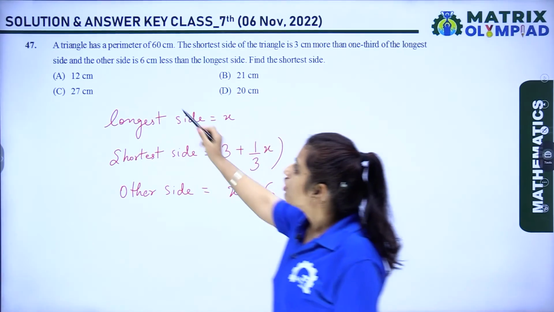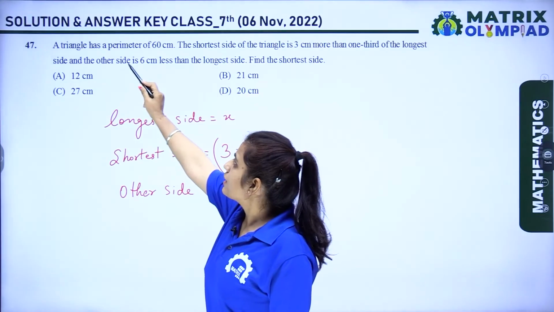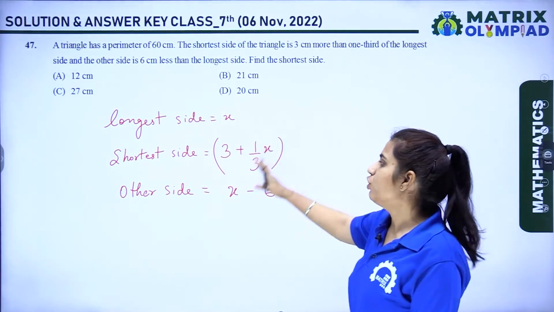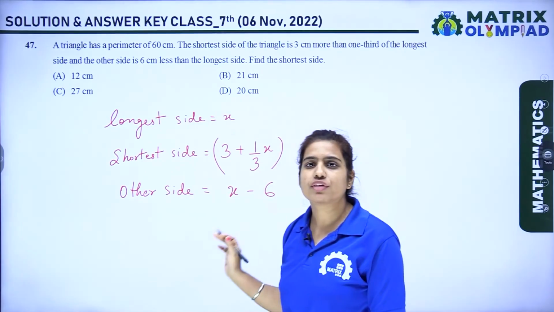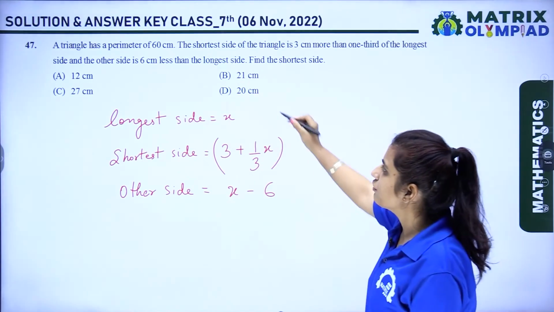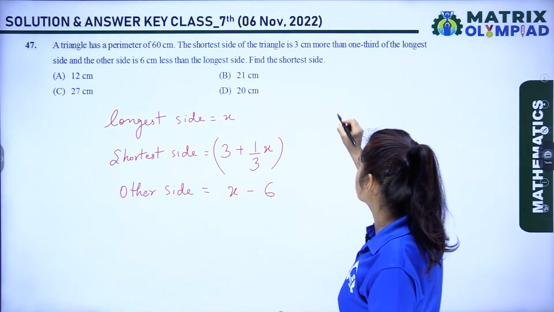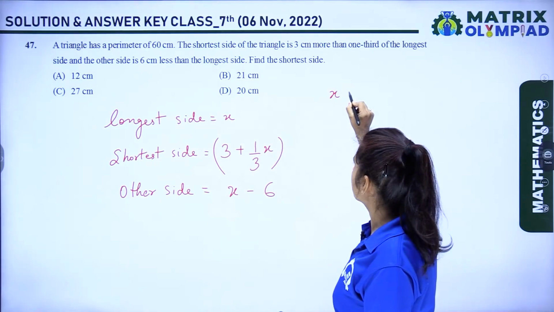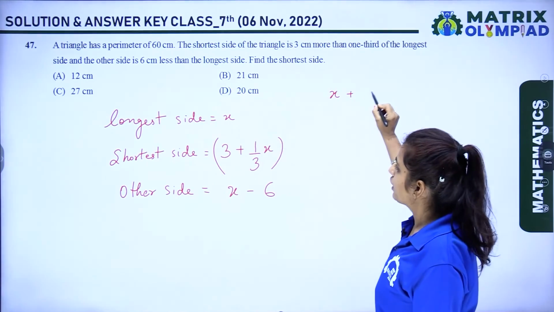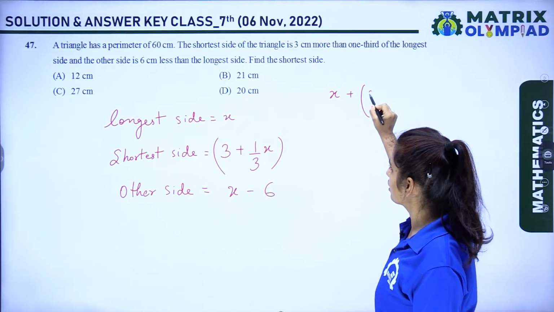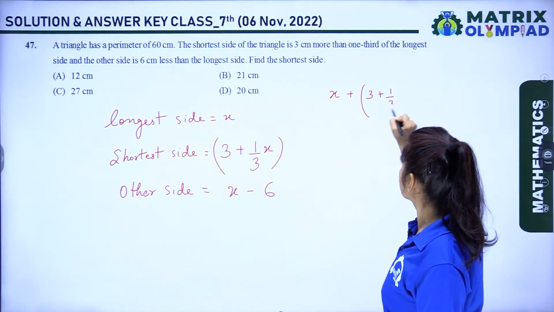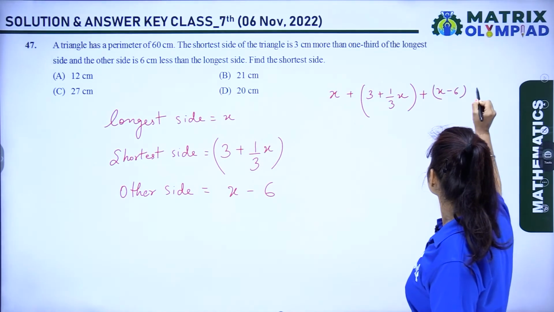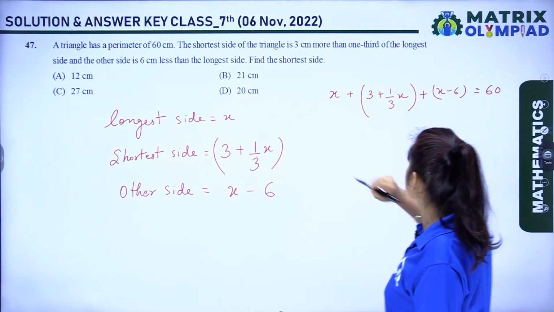So here a triangle has a perimeter of 60 centimeter. We have to find out the value of x. To find out the value of x, we are given the perimeter of the triangle, that is 60. So let's find out the value of x by adding all these three sides, that is equal to 60 centimeter.